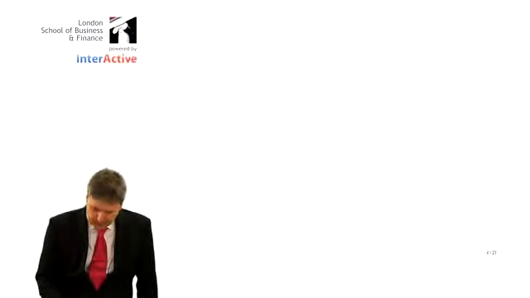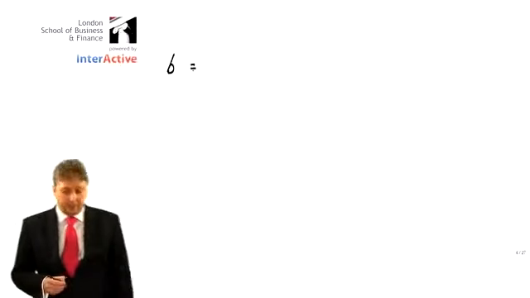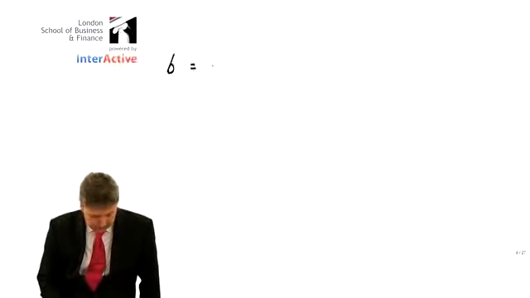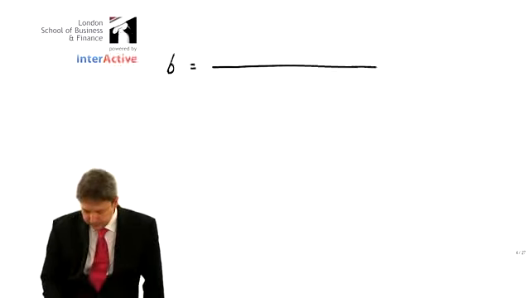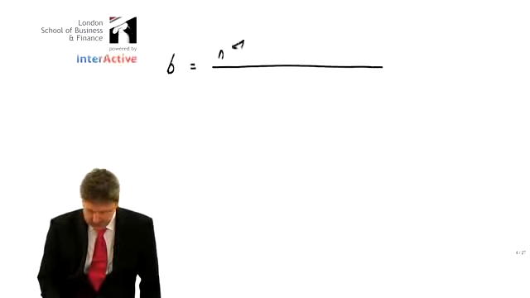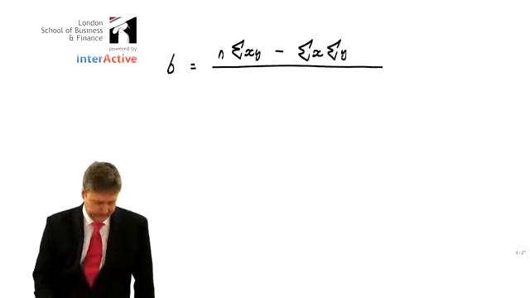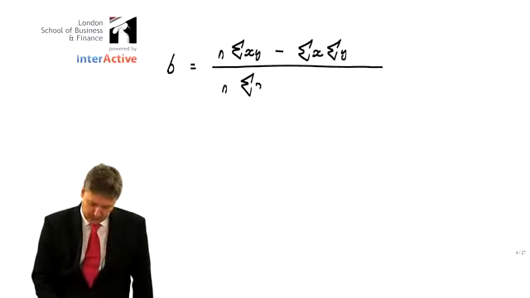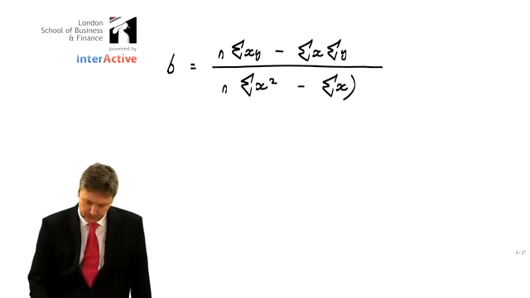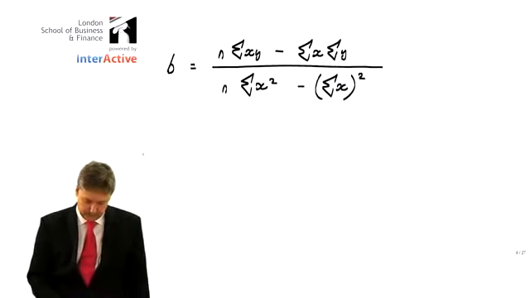What we may be asked to calculate is the value for B. And if we're looking at the value for B, well, let's get the B formula up. N, the sum of xy, minus the sum of x multiplied by the sum of y, divided through by n, the sum of x squared, minus the sum of x all squared.